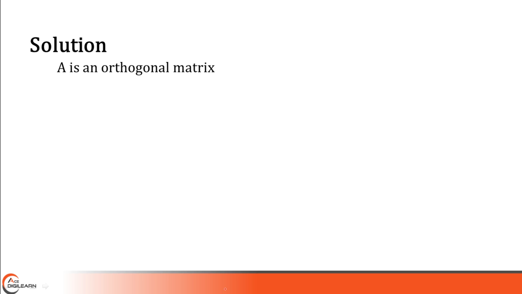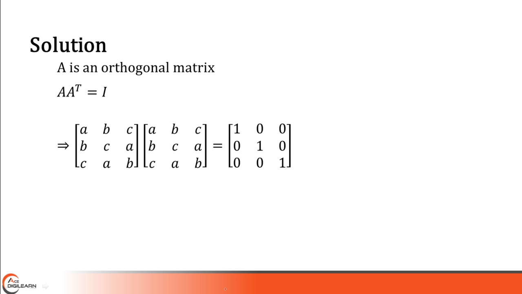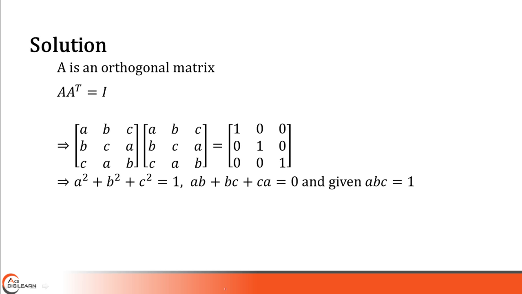Given matrix A is orthogonal, so as per definition, A A transpose equals I. So multiplying A and A transpose, equating it to I, we get a square plus b square plus c square equals 1 and ab plus bc plus ca equals 0, and given abc equals 1.